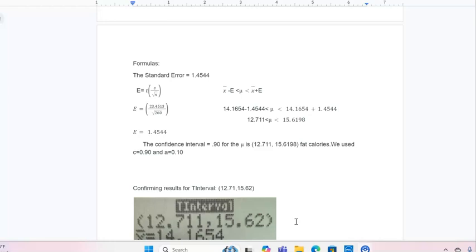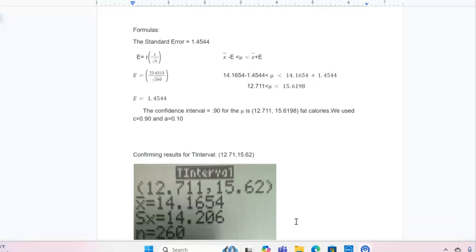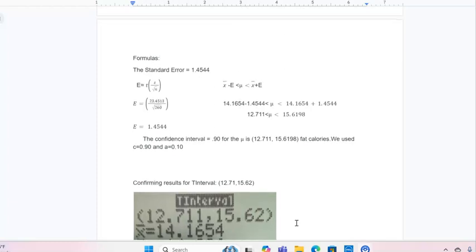And then we went to look for the confidence interval, and the formula for that is going to be the mean minus the standard error, less than the mean, and then less than the mean plus the error.